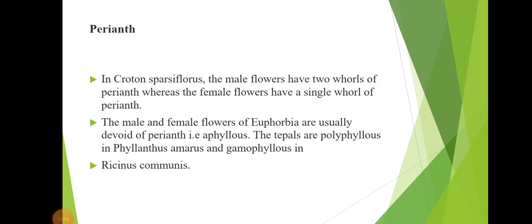In Croton sparciflorus, the male flower has two whorls of perianth, whereas the female flowers have a single whorl of perianth. The male and female flowers of Euphorbia are usually devoid of perianth, that is, achlamydeous. The tepals are polyphyllous in Phyllanthus amarus and gamophyllous in Ricinus communis.